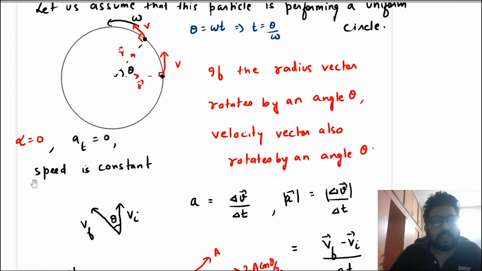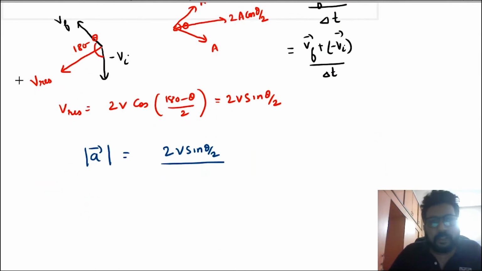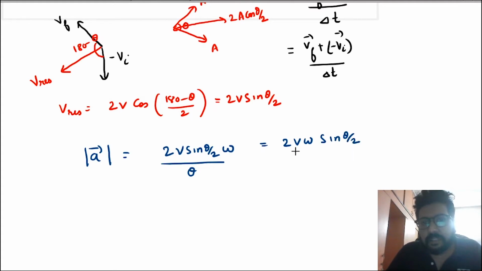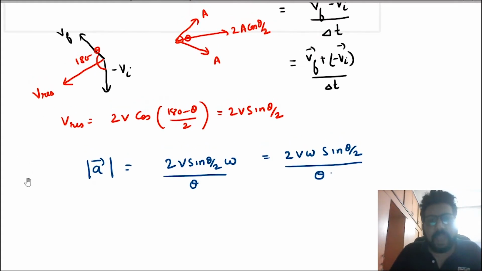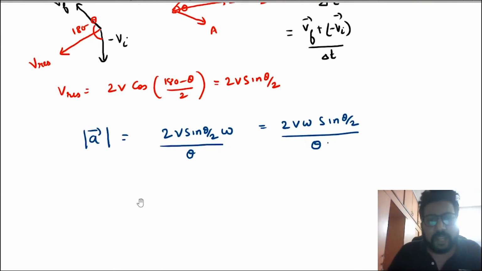Putting the value of time here, this is equal to 2v omega sin theta by 2 divided by theta. So this is the magnitude of average acceleration when the particle rotates by an angle theta.